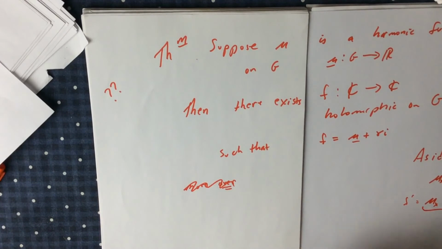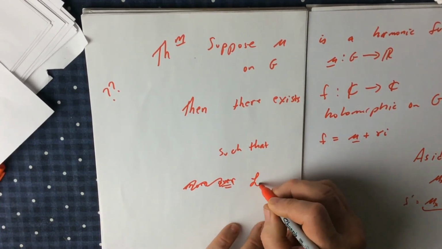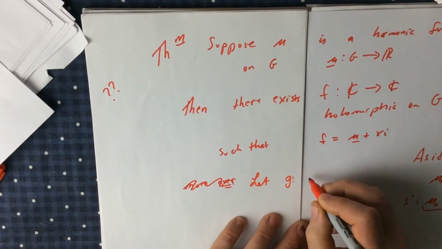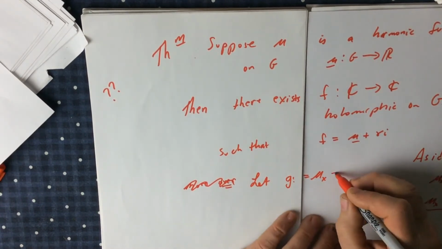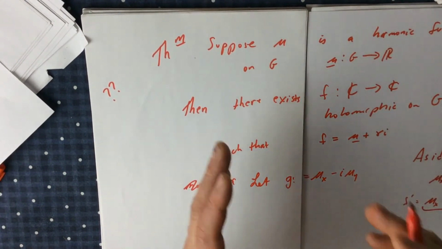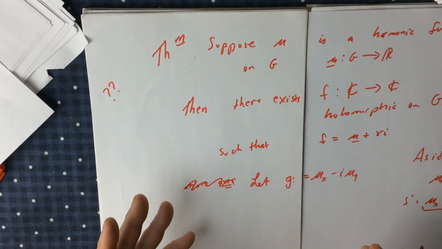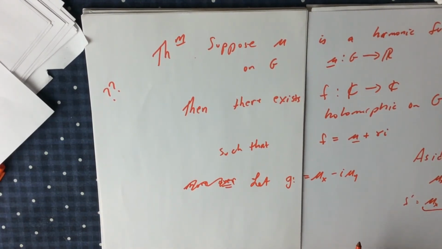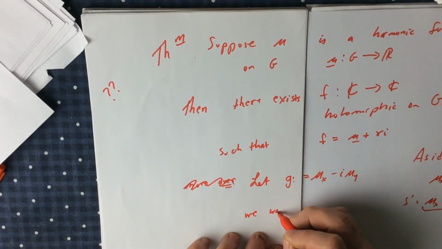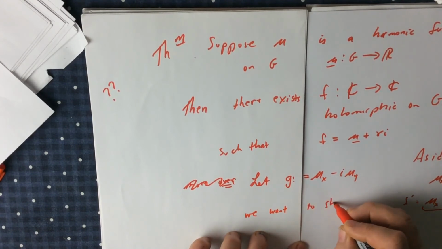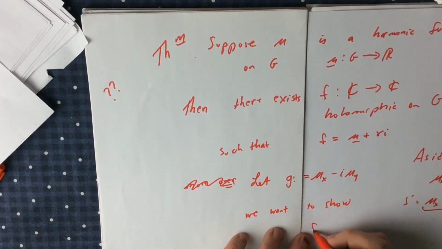So why don't we just say let some function g be our mu of x, which we have in our hands, minus i mu of y, which we have in our hands. And now we have a very clear objective in mind. What we need to do is show that F prime equals g.